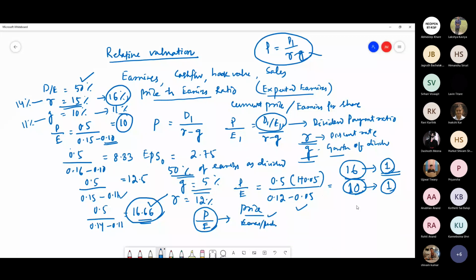That means if you invest 20 rupees, you generate 2 rupees of return. So the price earning ratio tells you how many rupees the investor should invest to generate 1 unit of return. That is the interpretation of the price earning ratio we generally consider.